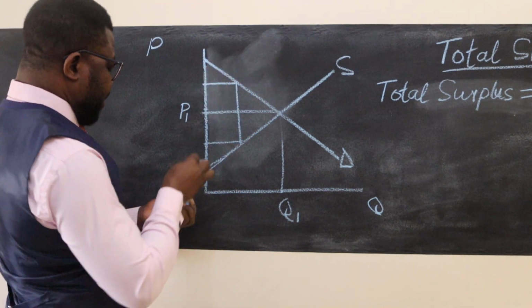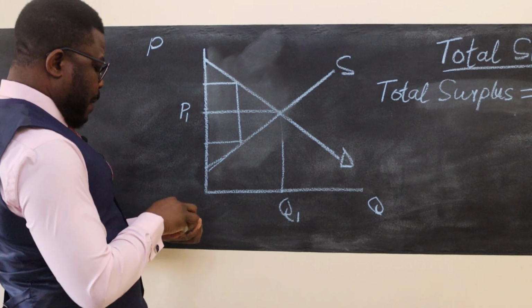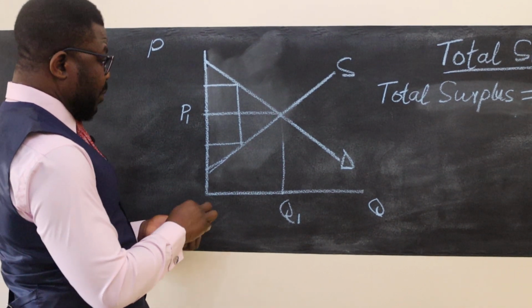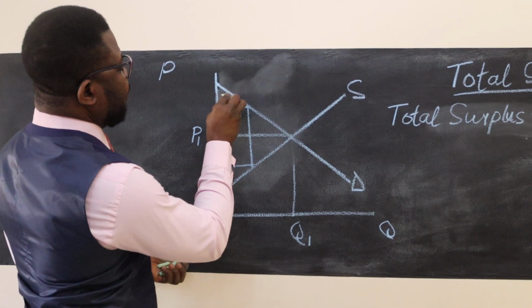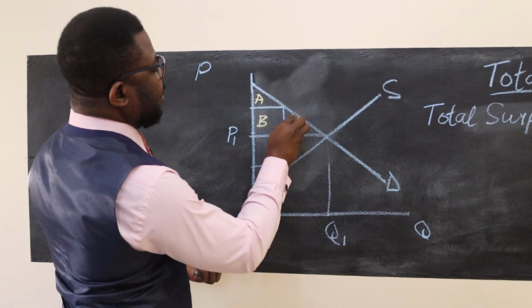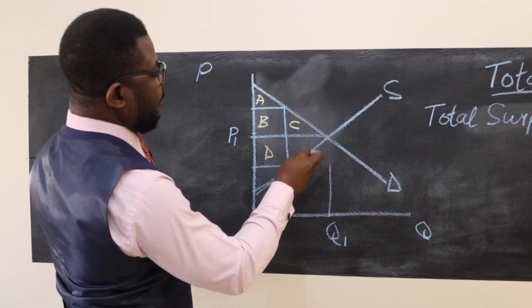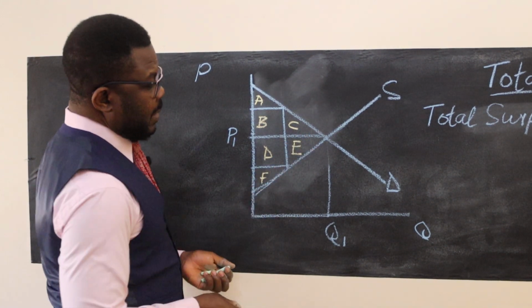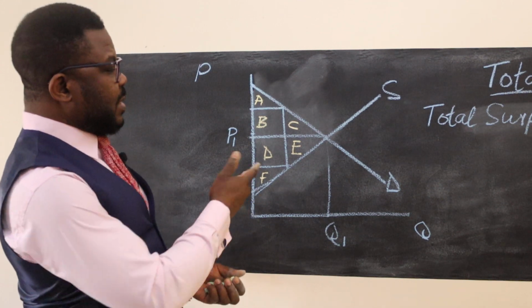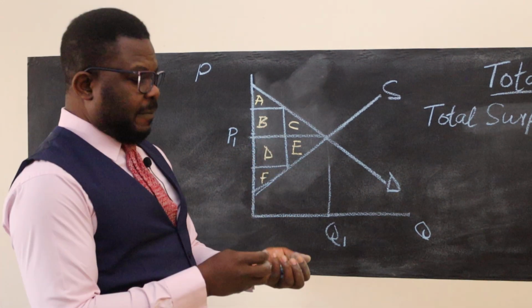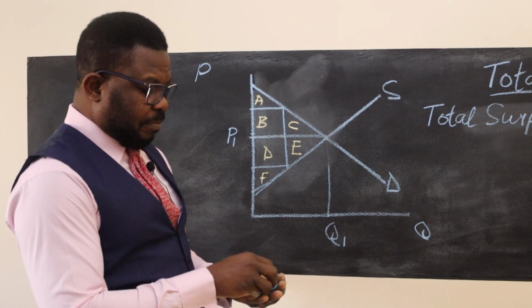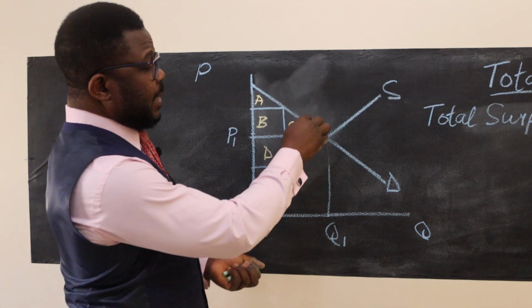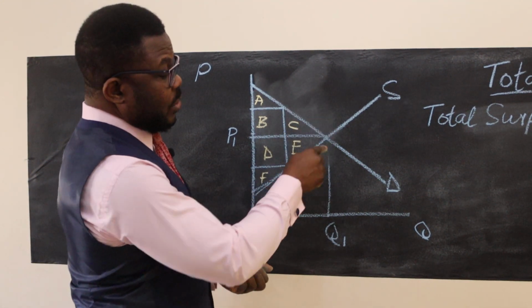Say for example we have A, B, C, D, E, and F. You can be given something like this. And sometimes you can be given something much wider. There might be some letters here as well.